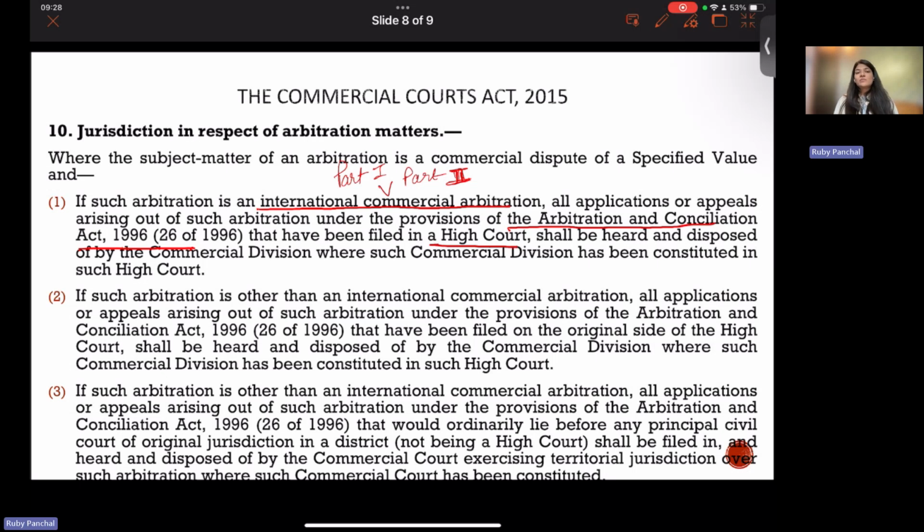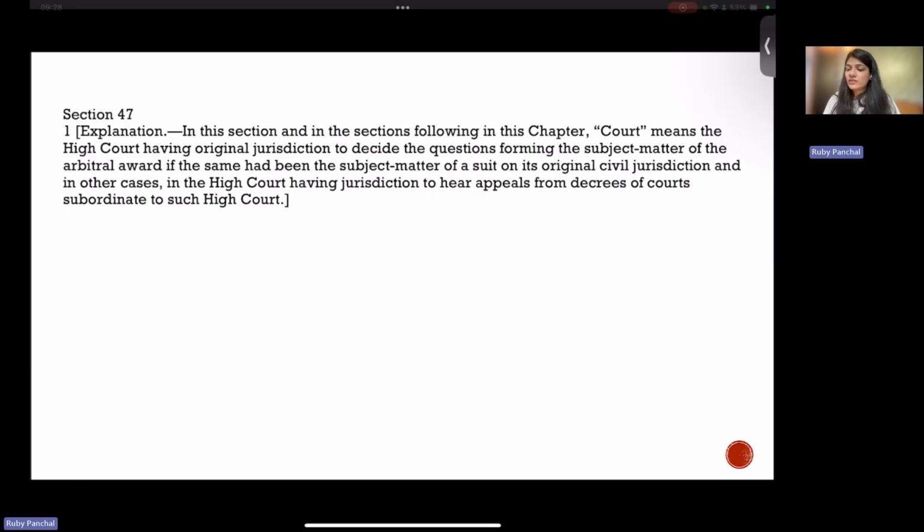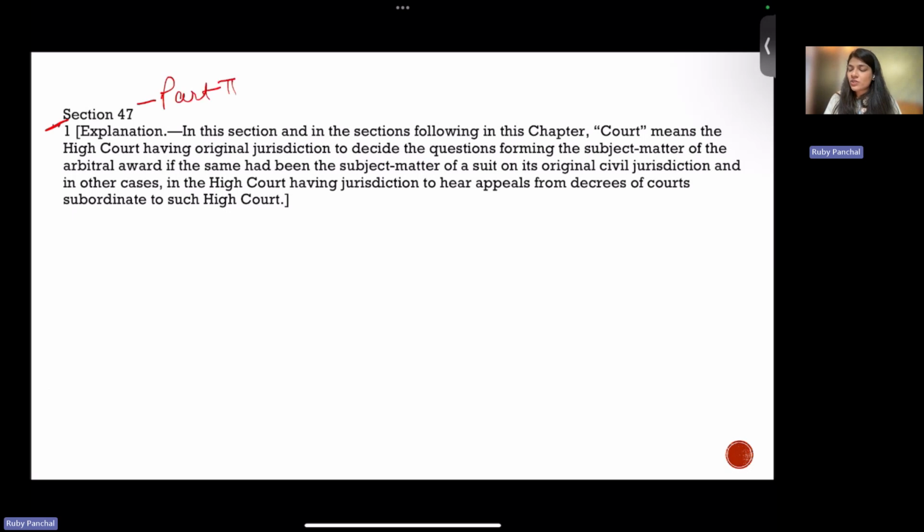And when we read this provision essentially with Section 47 in Part 2, which gives us a hint about the jurisdiction of the courts, to which court we will file Part 2 applications, it says in this subsection, the court means High Court.